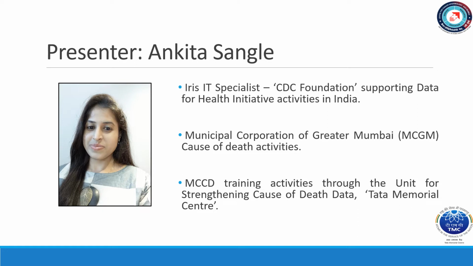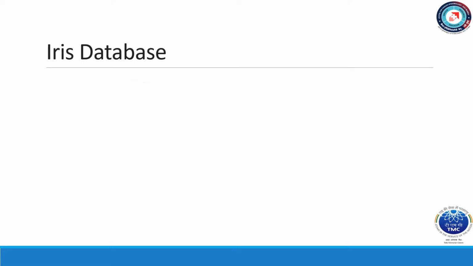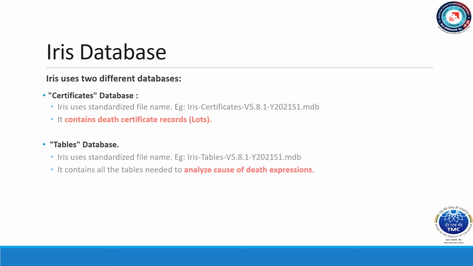In this quick video, I am going to explain the role of Iris certificate database in the Iris automated ICD-10 coding system. So firstly, we need to know that Iris uses two different databases, namely the certificates database and the tables database. Here, the certificates database contains death certificate records, also known as lots.